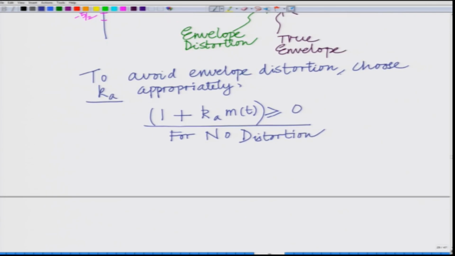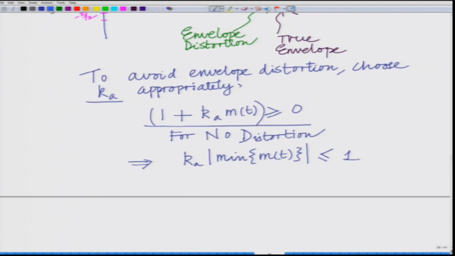Which means, and this implies that Ka times the magnitude of the minimum of Mt, that is when Mt goes negative, the magnitude of this minimum, Ka times the magnitude of this minimum must be less than or equal to 1.